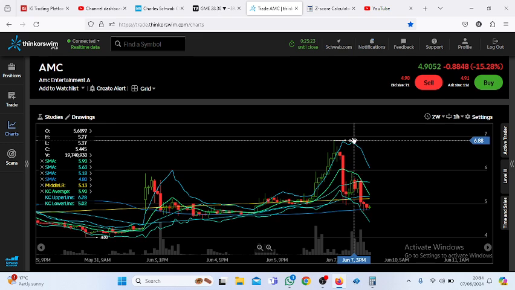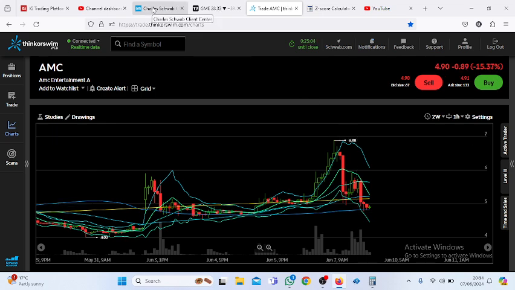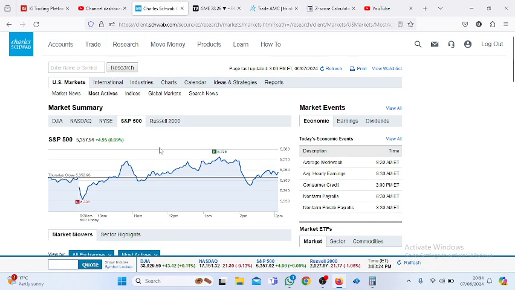The high GameStop printed was almost 10 times what we have on AMC currently. AMC is trading in sympathy with GameStop as things stand, for sure, no doubt about that.